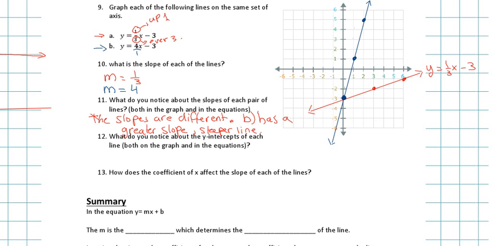What do you notice about the y-intercept of each line? They're starting at the same place. Now, in this case, they are starting at the same place. But if you have two equations of lines with different slopes, they're going to intersect somewhere. In this case, they're intersecting at the y-intercept.